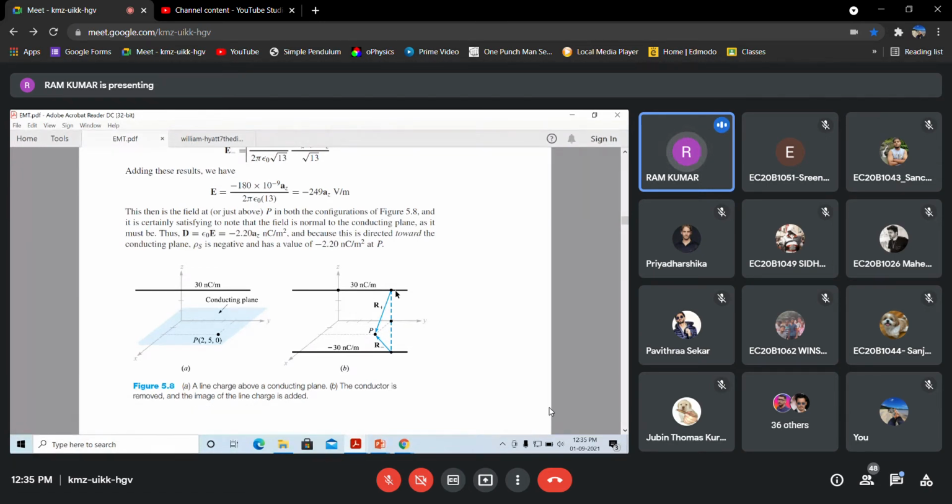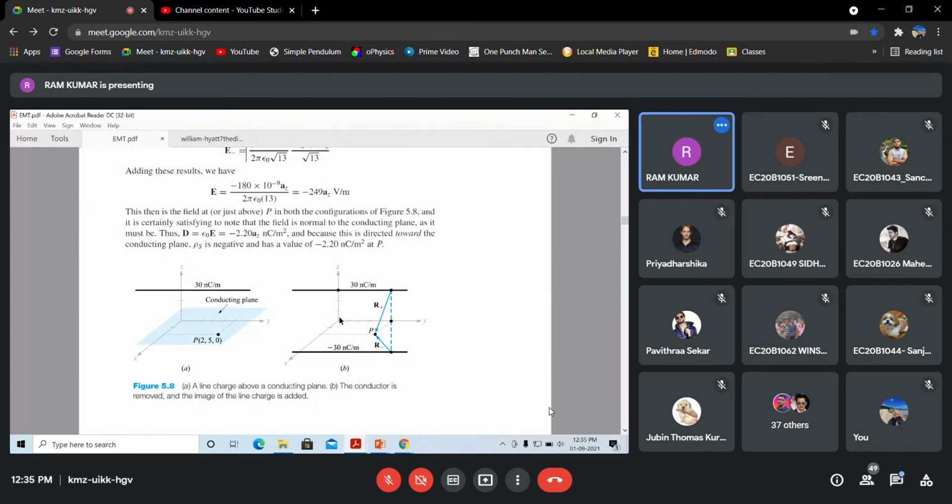What I am explaining is the distance R plus, that is, we are finding the distance between this line charge and this point. Simply, in the x-axis it has 2 units, so we can represent it as 2 AX.